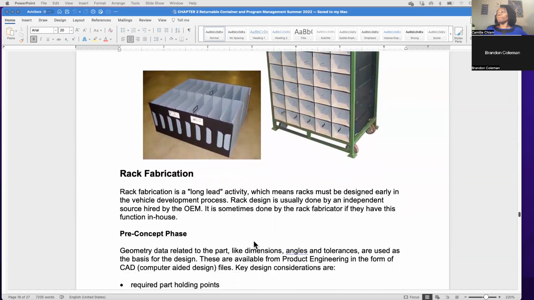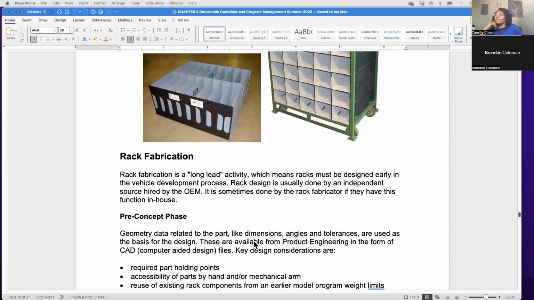Okay, we talked about the fabrication of racks, and that it takes a long time. The lead time is very long, and that's part of the whole process of developing that rack, testing the rack, making sure it works.